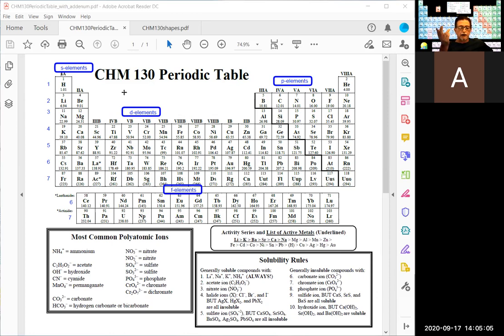You got it. And carbon? 2S2, 2P2. You got it. And if you went all the way across to neon, what would that be then? Just the valence would be 2S2 and 2P6.